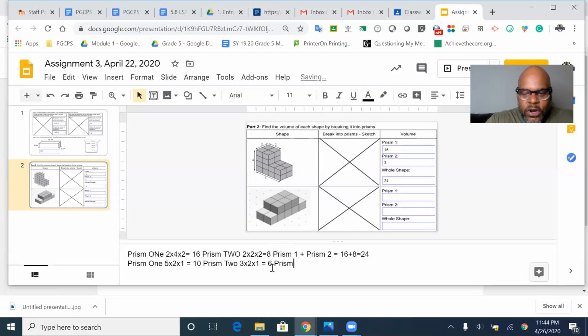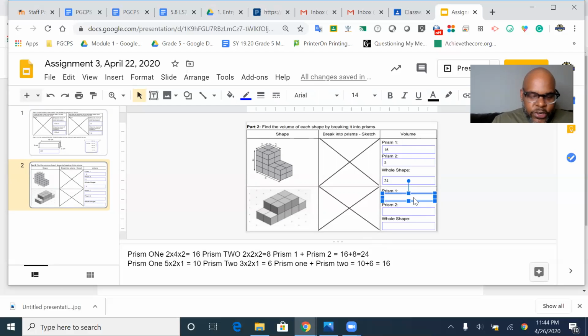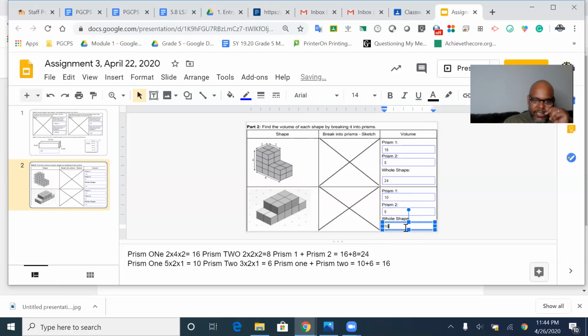So prism 1 plus prism 2 equals 10 plus 6 equals 16. Let's fill it in. Prism 1 is 10. Prism 2 is 6. Prism 3, the total of the two, is 16.